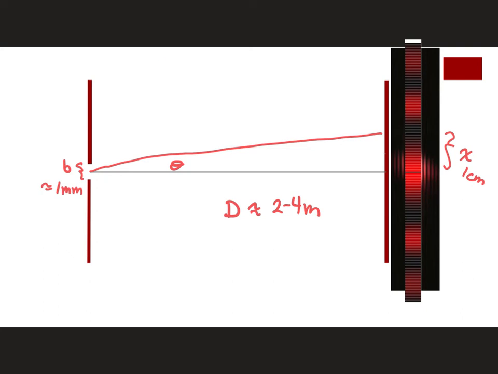So we already have our value from the single slit diffraction. Theta is lambda over b. I want to show you one other measurement that we do use quite a bit. If you look at this diagram now, with theta I have opposite and adjacent. Now that would be tan theta is going to be x over capital D. Since we have such a small angle, as long as we are in radians, tan theta is basically the same as sine theta.